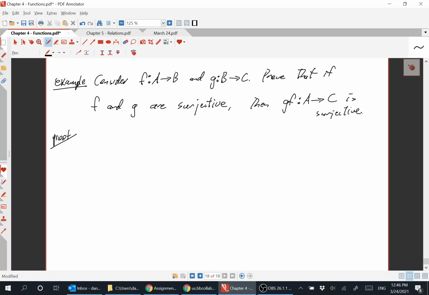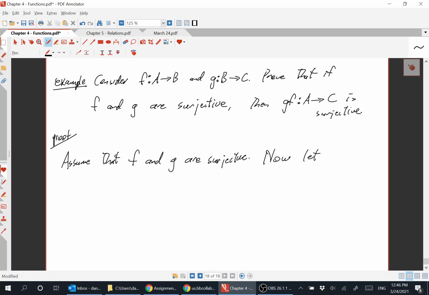F goes from A to B, G goes from B to C, and so G following F goes from A to C. So assume that F and G are surjective. Now we need to show that G following F is surjective.